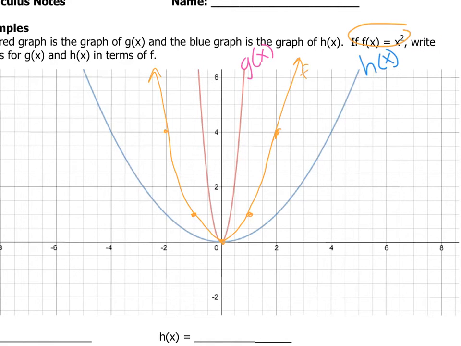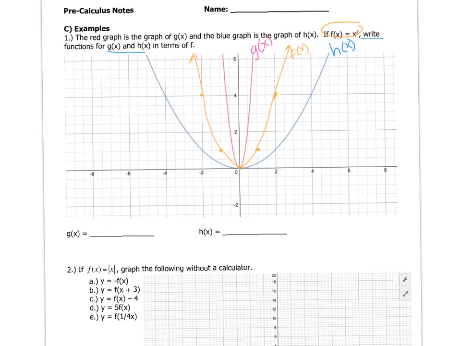So this is our f of x equals x squared. Our job is to write g of x and h of x in terms of f, okay? In terms of f. So we'll talk about what that means.